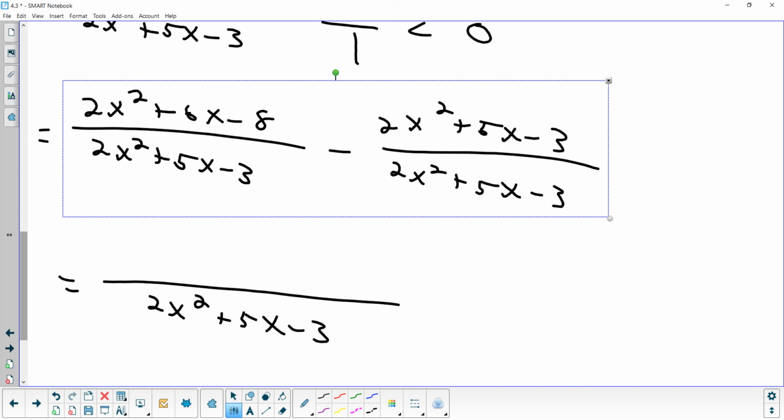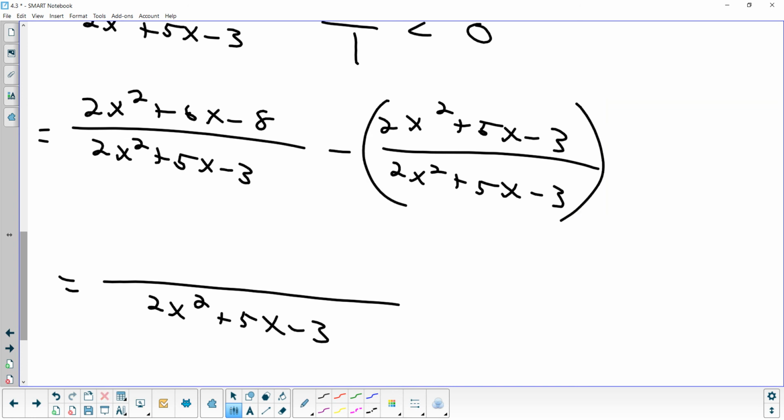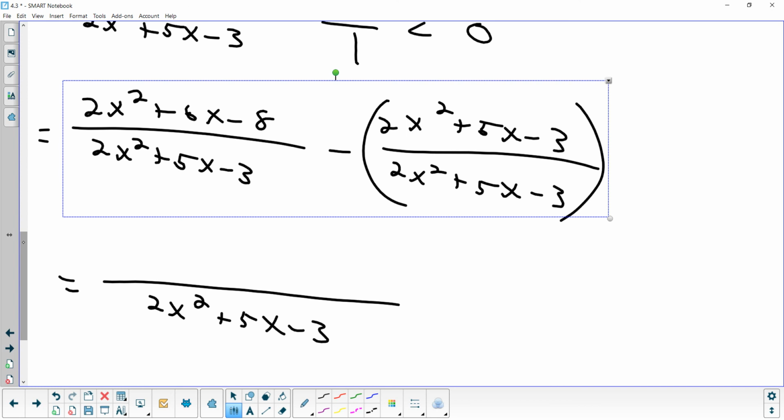Now be very careful here. You're combining like terms, but think of it this way: that negative is distributed to everything. So what we really have is 2x squared minus 2x squared. What's that? 0, that's gone. 6x minus 5x.